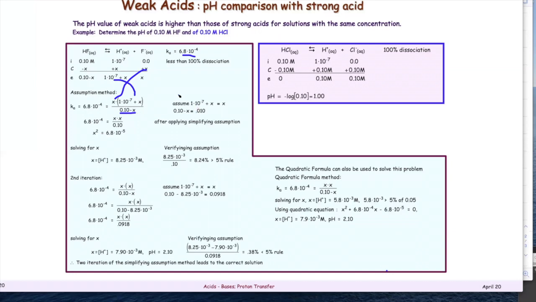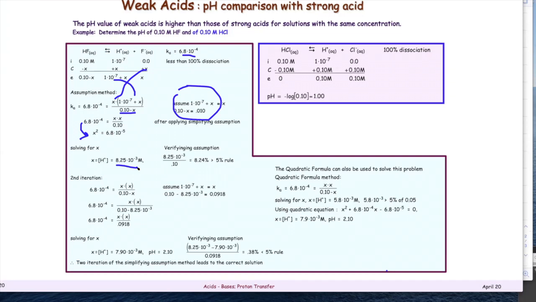After making some assumptions, you have X squared over 0.1, and so what you have after doing the math is X squared is equal to 6.8 times 10 to the minus 4 times 0.1, and if you take the square root of that, you get a hydronium ion concentration of 8.25 times 10 to the minus 3.